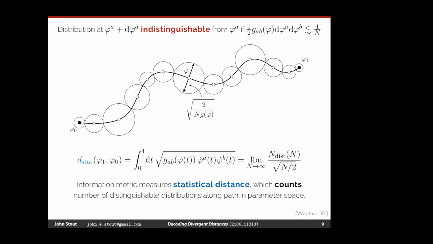I count how many distinguishable distributions there are along that curve, and I define statistical distance as the number of distinguishable distributions, where I factor off a square root n over 2, kind of the RMS noise that I have. So the information metric gives me a notion of distance on a space of arbitrary probability distributions that quantifies how distinguishable different distributions are along that curve.